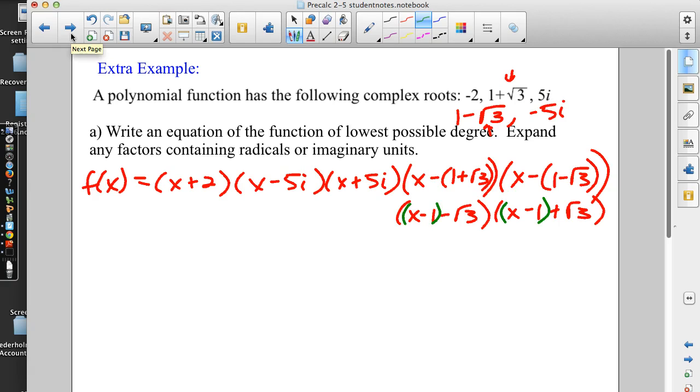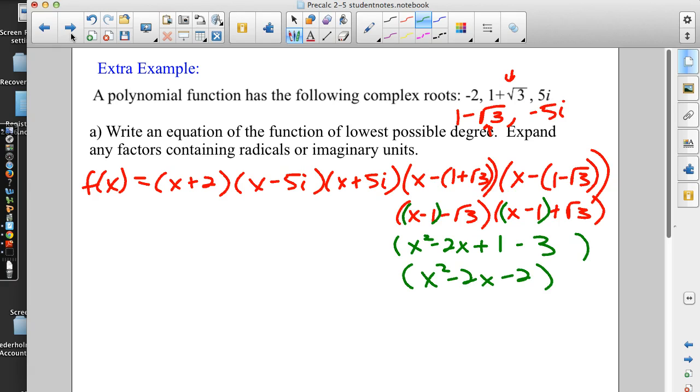So that'll be our first part of simplifying for this one. x minus 1 times x minus 1, or just thinking x minus 1 squared, x squared minus 2x plus 1. What are we going to get in the back? Minus 3. So this will simplify to x squared minus 2x minus 2.